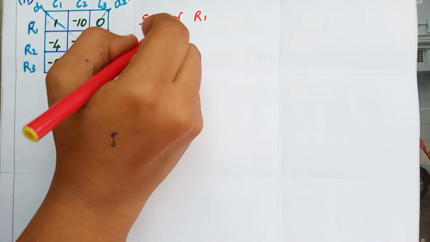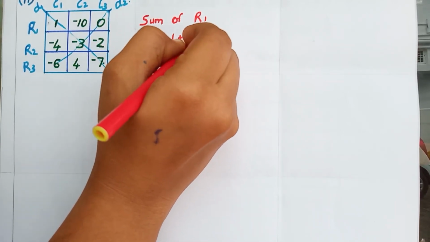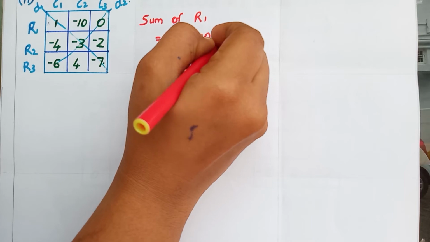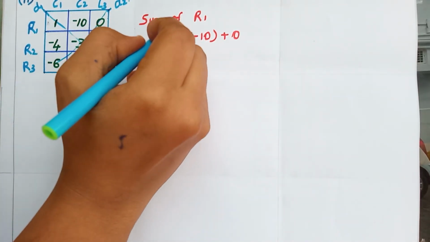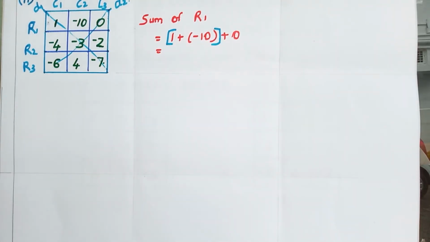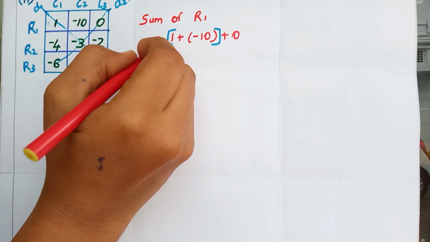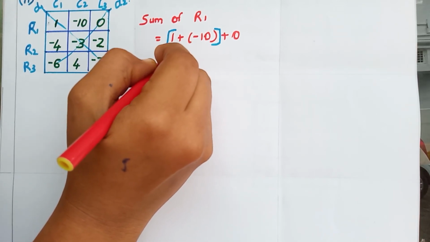What are the numbers in R1? 1 plus minus 10 plus 0. Keeping these two numbers in a bracket, 1 plus minus 10. Both are different, so just subtract and give the sign of the greatest number.